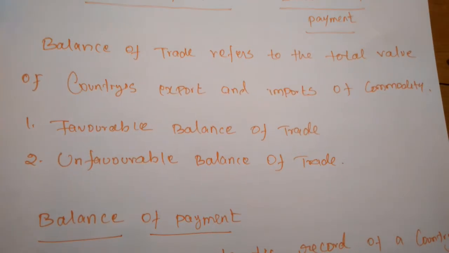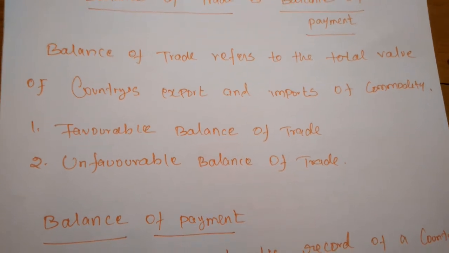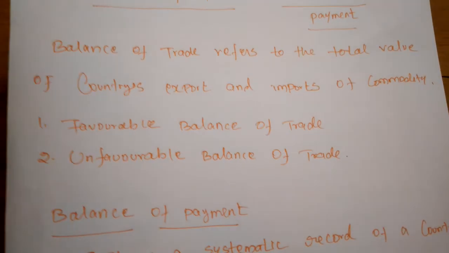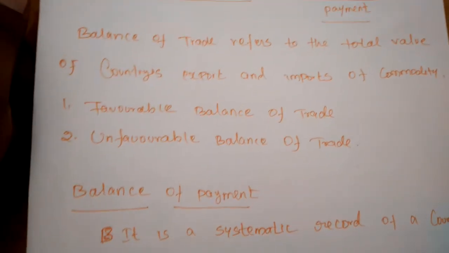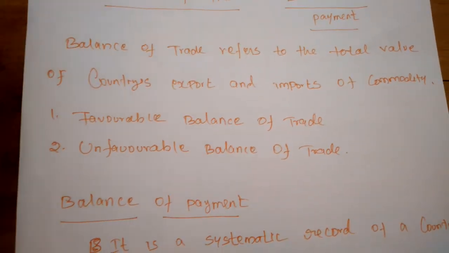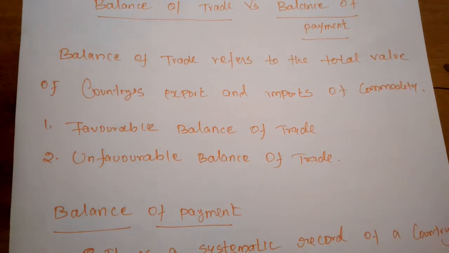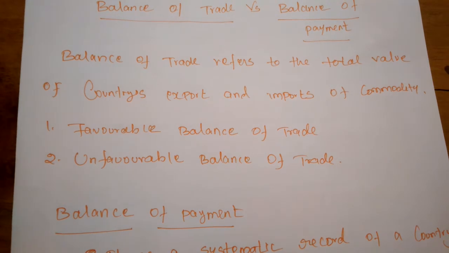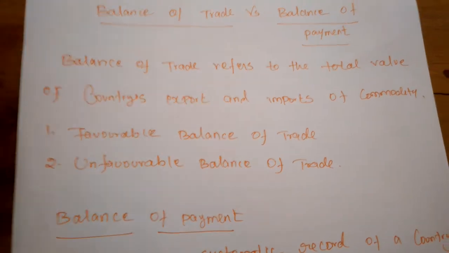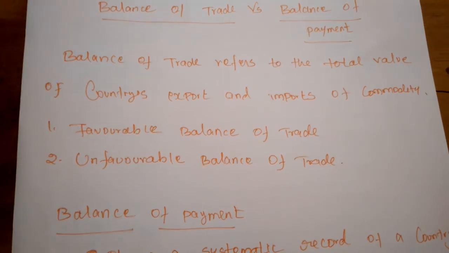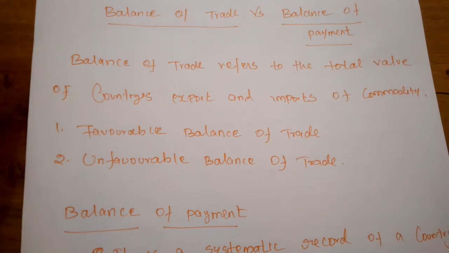One country must be exporting some amount of commodity to other nations. Likewise, it will import some amount of commodities from other nations. So the value of the export and import is what is considered the balance of trade. Every nation must focus on maintaining the balance of trade.